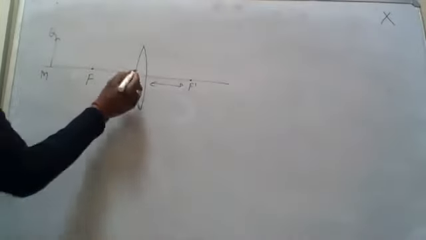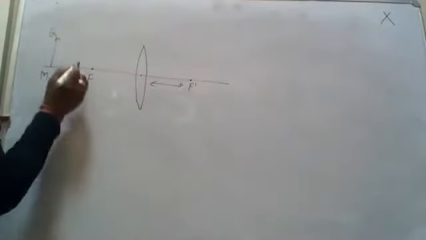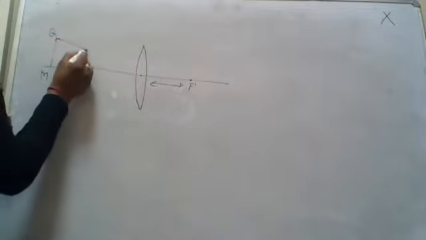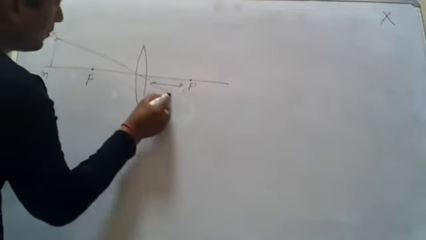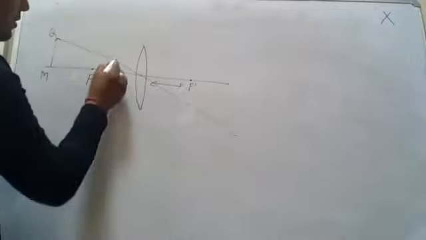Sir, one from the pole. Sir, one from the midpoint of the lens. Okay, like here. This way, right?